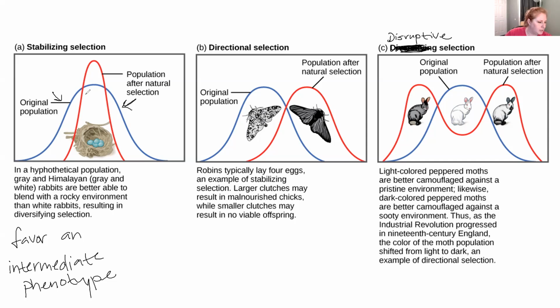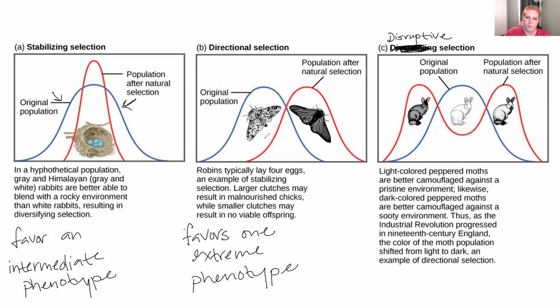Then we have directional selection, and directional selection favors an extreme phenotype. So in this example with our winged moths, the original population was the blue line, and moths that had this darker wing, there weren't as many of them.